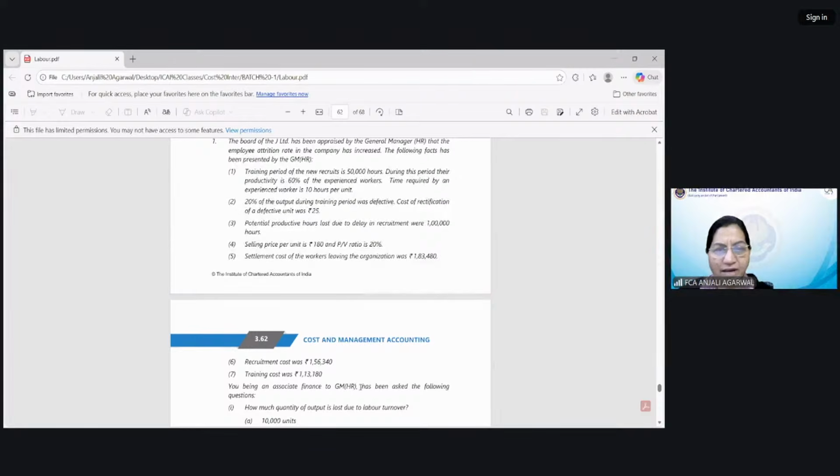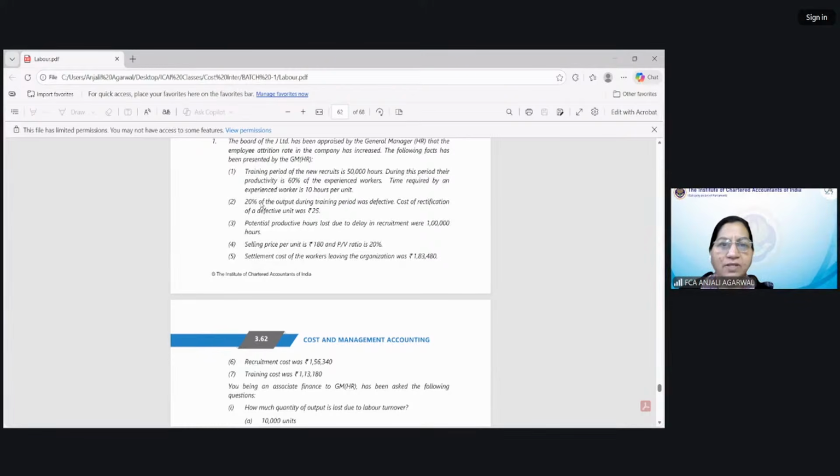So if we have the crux of all this, we have understood that 20,000 hours are lost because on training period and 100,000 lost because delay in recruitment. Total 1,20,000 hours lost. And if you take 10 hours to make a unit, 12,000 potentially productive units were not produced. Because in training period, 3,000 units were produced, 2,000 were lost.